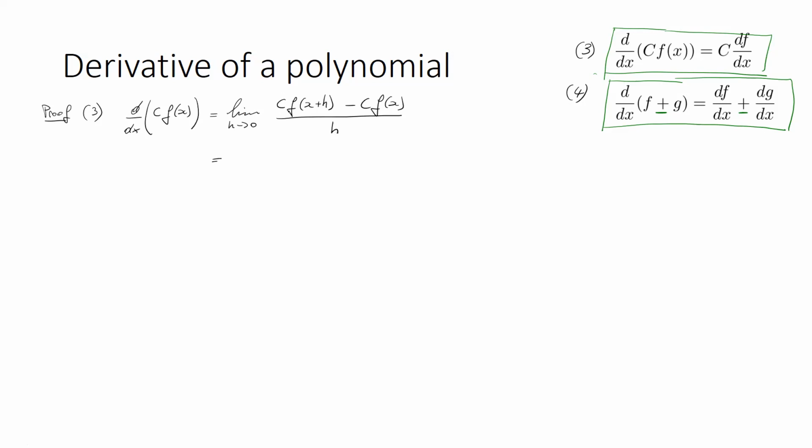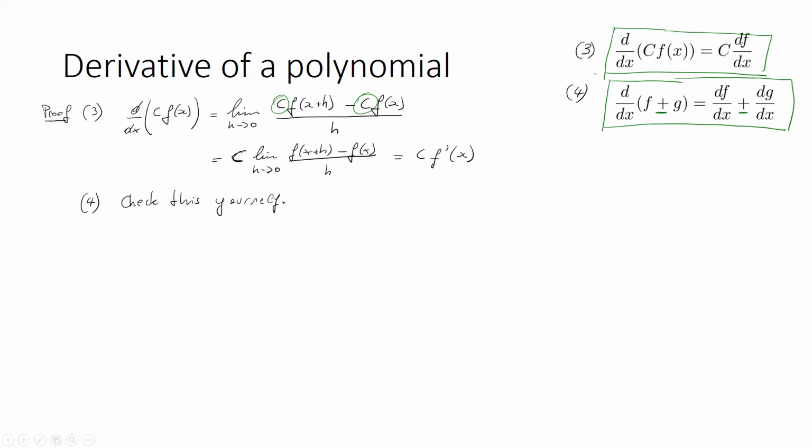And now you see, of course, you can factor out the c here and here and take that out of the limit to get the limit of f of x plus h minus f of x, divided by h. So that is c times the derivative of f. And now for f plus g, you can do the same thing, but I will ask you to check this yourself. It's the same level of difficulty.